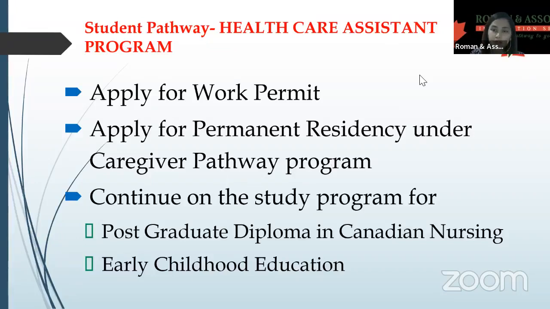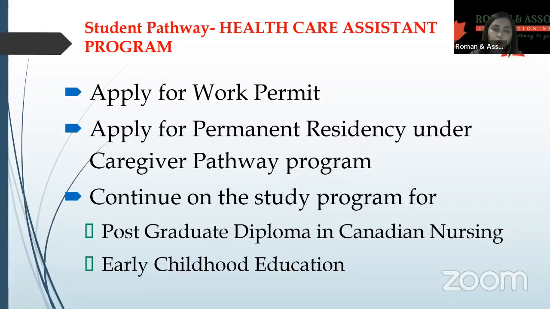Under the caregiver pathway, or should you want to continue on the study program, you may take a postgraduate diploma in Canadian nursing or early childhood education. So these are the steps you can take as soon as you finish studying the healthcare assistant program in Canada. First, you need to secure your work permit if you already have your sponsor employer.